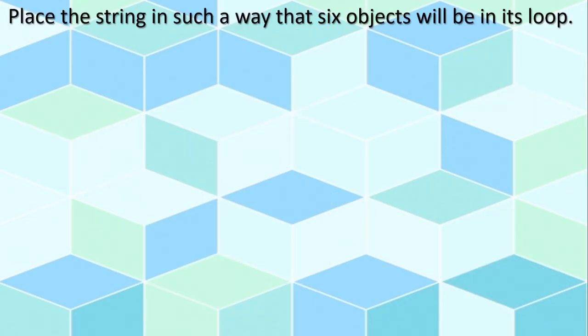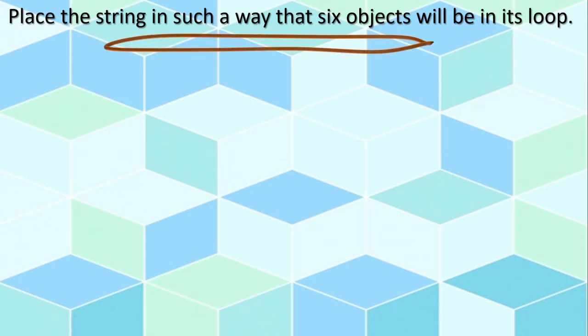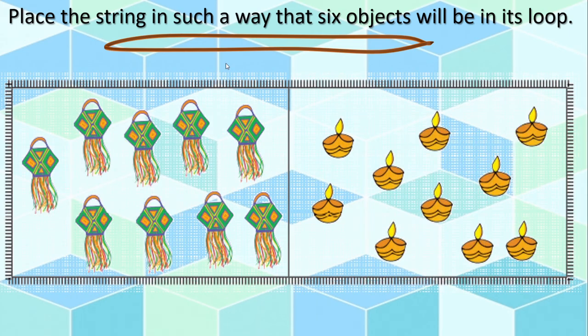Now we will move to some activities. Place the string in such a way that 6 objects will be in its loop. See, this is a string. String means dhaga. Okay? And we have to make such an arrangement that all the 6 objects shown below should be in its loop. See, this is a loop of string. Okay?